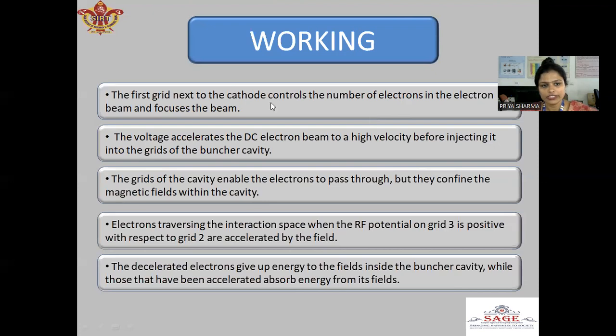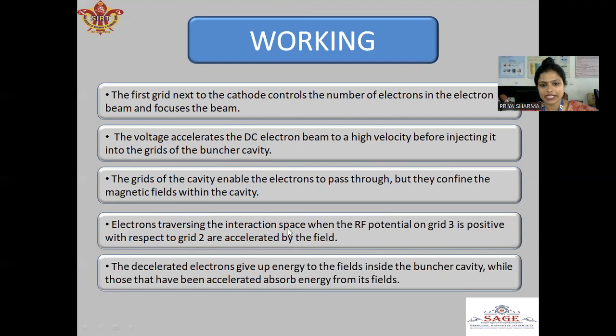So I have already told the working of the two-cavity klystron. The first grid next to the cathode controls the number of electrons in the electron beam and focuses the beam. The voltage accelerates the DC electron beam to a high velocity before injecting it into the grid of the buncher cavity. The grids of the cavity enable the electrons to pass through, but they confine the field within the cavity.